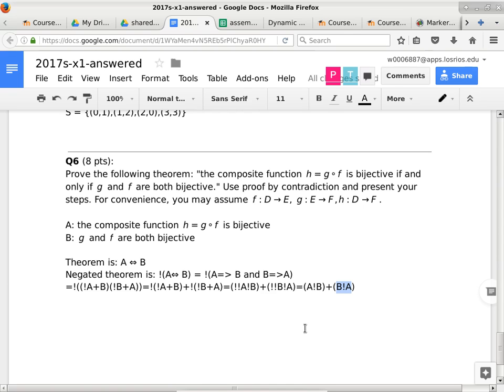But if she used that H is not bijective if and only if G and F are both bijective, isn't that what you're starting out with, the assumption that G and F are already bijective, so you don't need to prove it? That is correct. You don't have to prove that G and F are bijective.